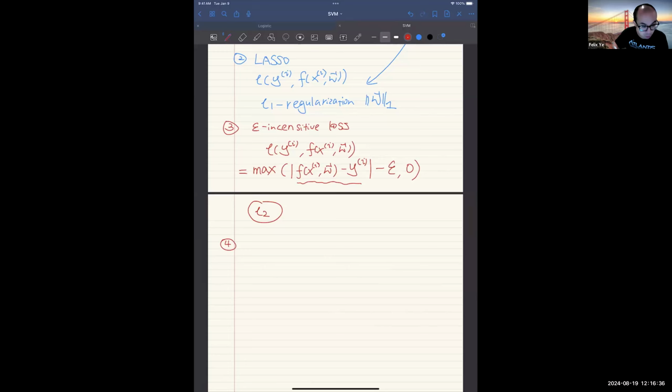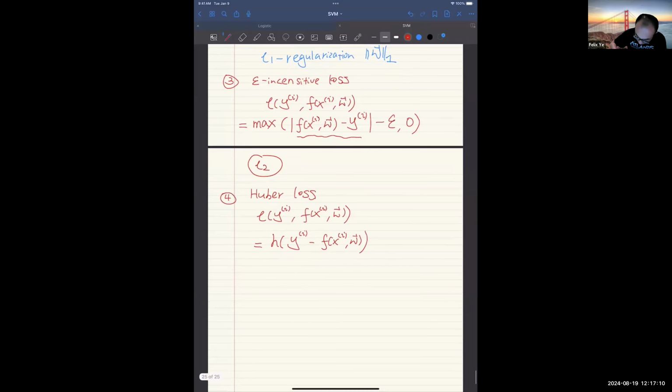And the fourth one is called Huber loss. So my loss function becomes a function h of the differences between y_i and f(x_i, w). You can see right here, what matters is not the multiplication of y times this output.